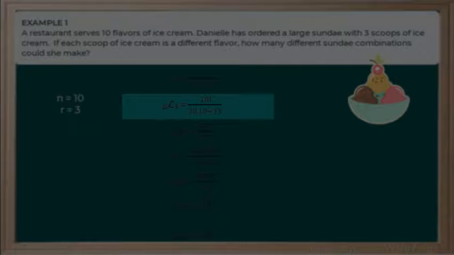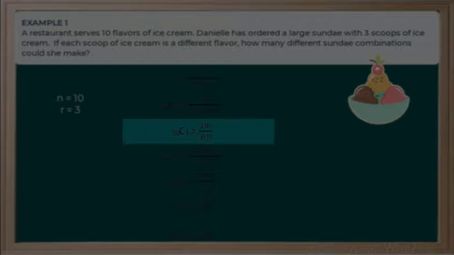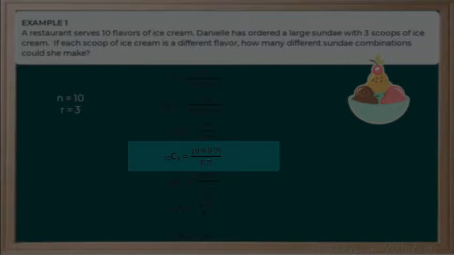If we simplify our equation a little bit here, we'll see that we've got 10 factorial over 3 factorial times 7 factorial. Again, we'll start by writing out some factors to see if we can make any cancellations here.